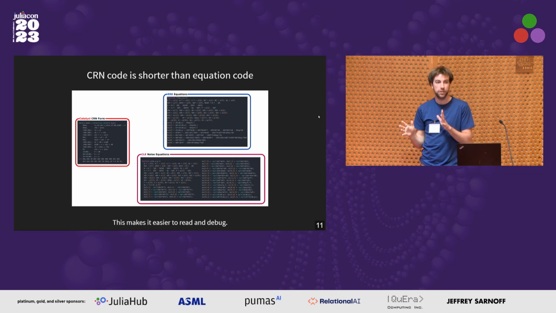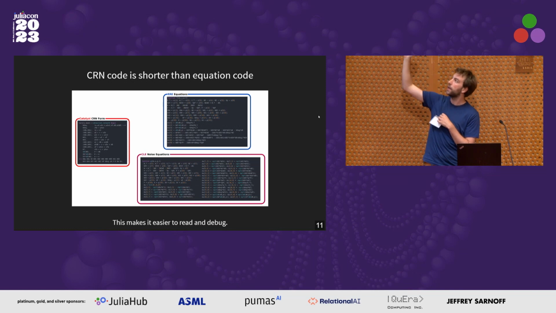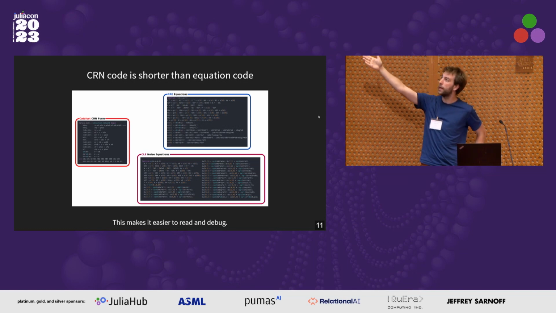There are two advantages with, in this case, the DSL, which is this special way of inputting the models. There are other ways of creating the models, but I mostly focus on the special form right now. And here I have implemented the same model on the left using this Catalyst chemical reaction network form.